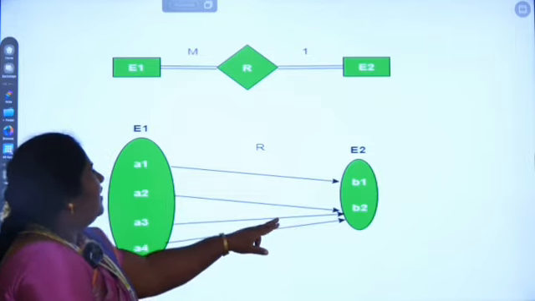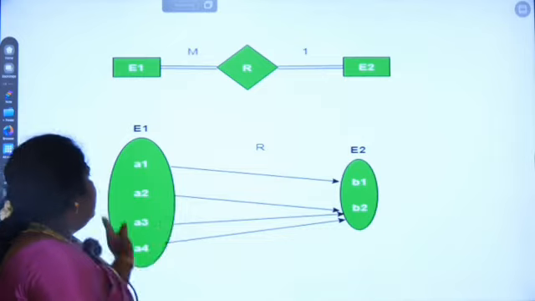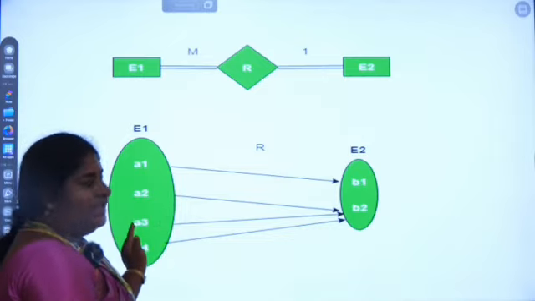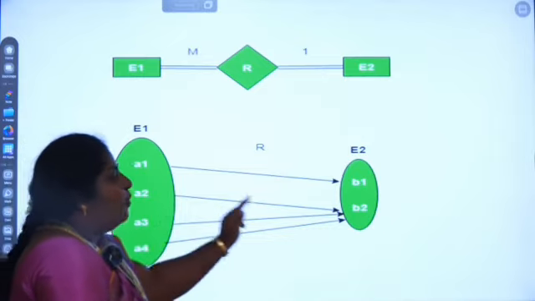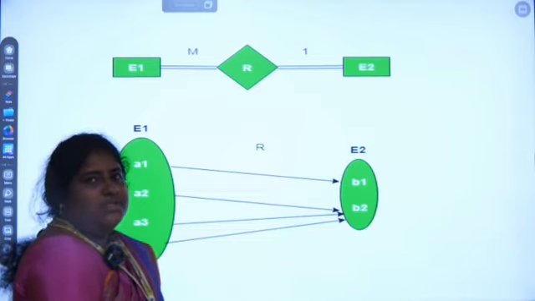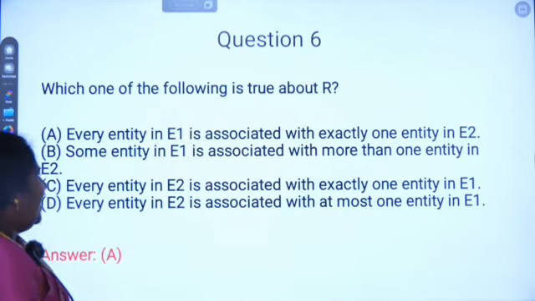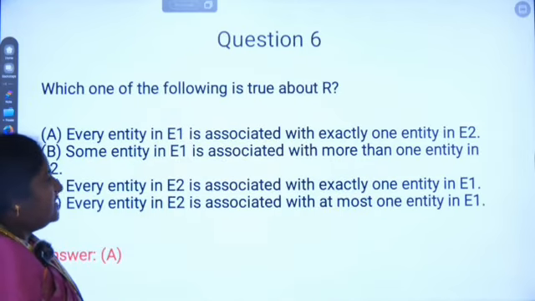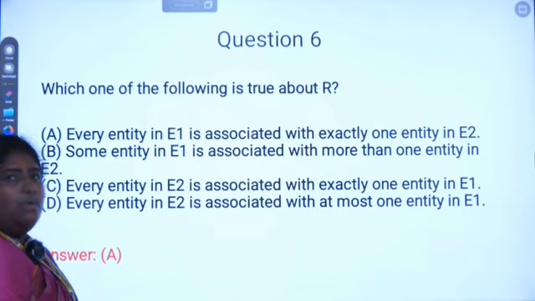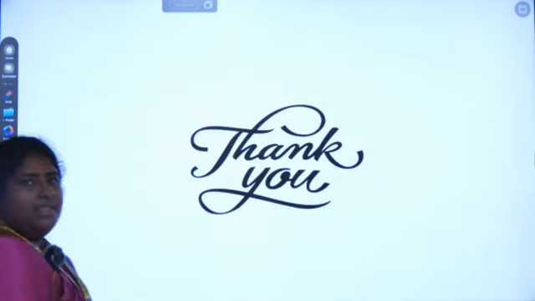When we consider many to one relationship, many entities of E1 can be related to at most one entity of E2. So the correct answer for this question is the first option, every entity in E1 is associated with exactly one entity in E2. Thank you.